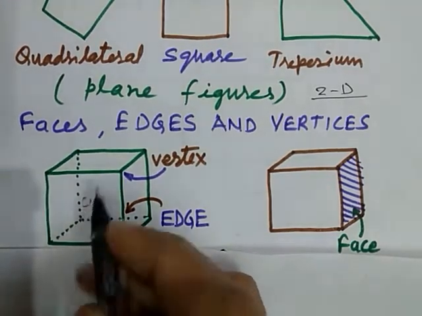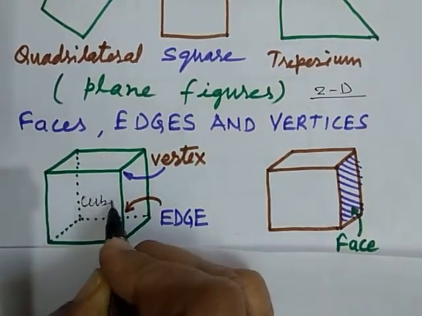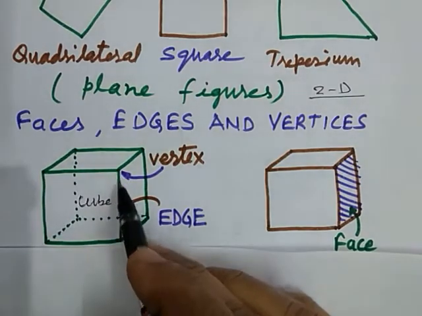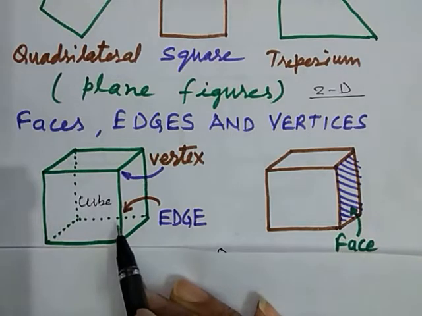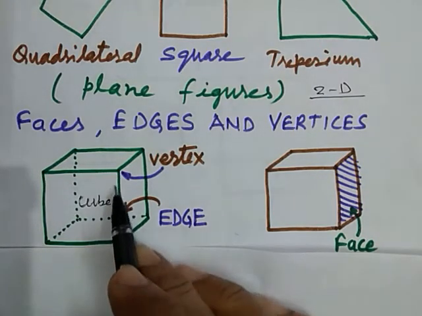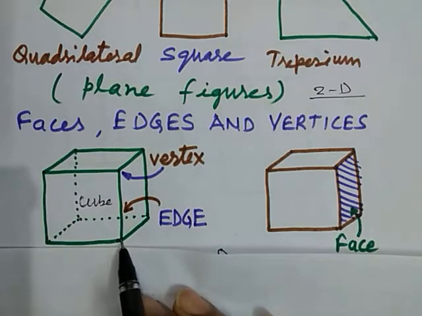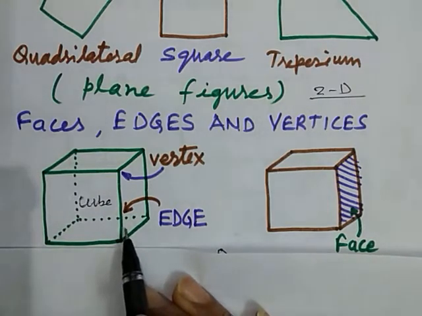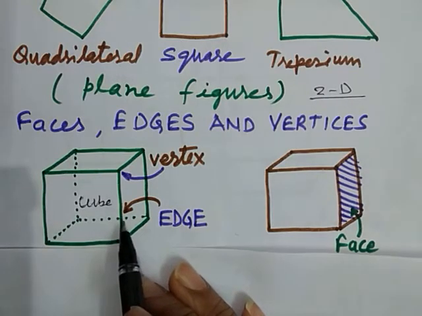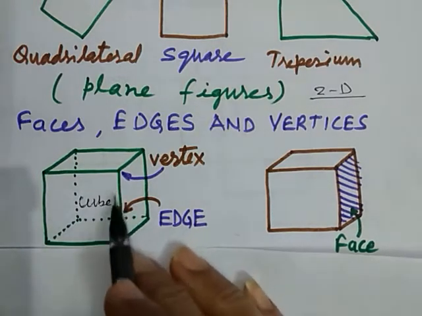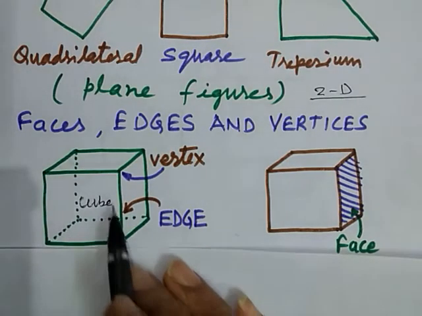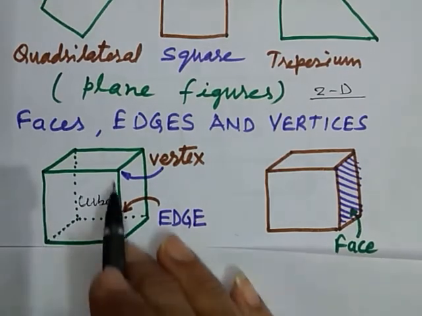Okay, in this cube, this is an edge, where two faces meet. In a plane figure, a line segment is an edge; in a 3-dimensional figure, this is an edge and this is a face.